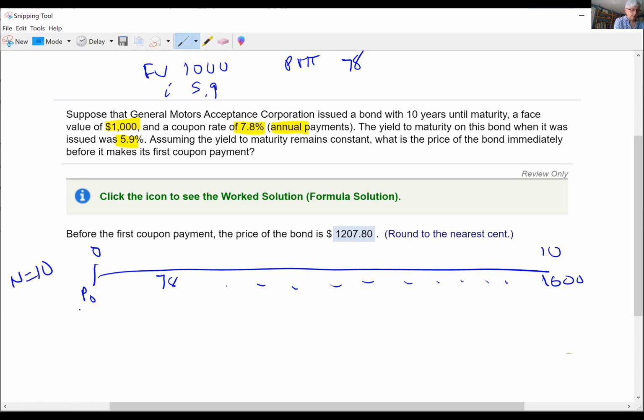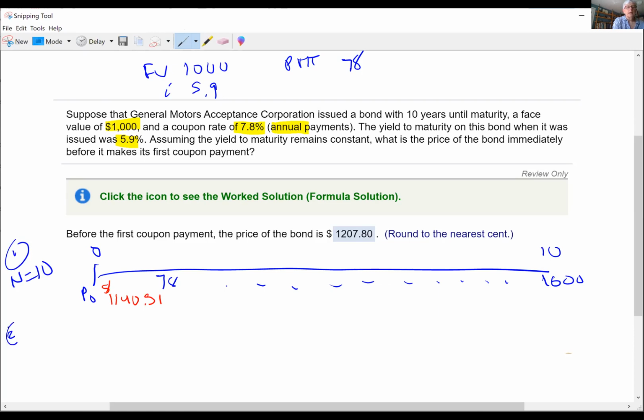And we're going to get 1140.51 for our price. Then we're going to say, that'll be the first one.